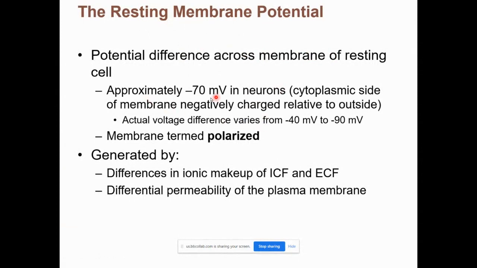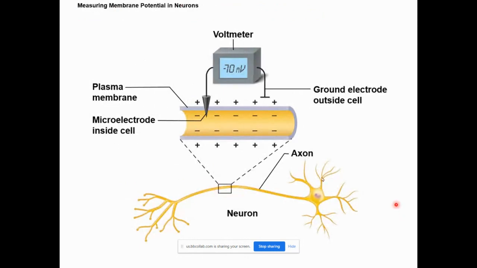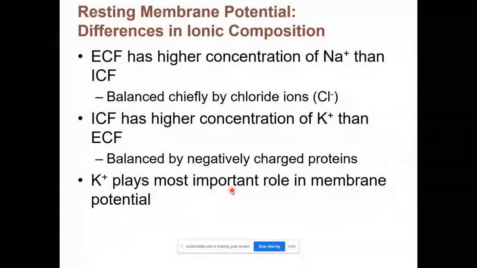Resting membrane potential is negative, negative 70, but you won't have to repeat that number. It's generated by a few things, but here they're just showing that the inside is negative and the outside is positive. I could use this picture to draw on, and it's a negative 70, and they always measure from the inside, up the axon. Remember, this is at rest. This is the resting membrane potential.